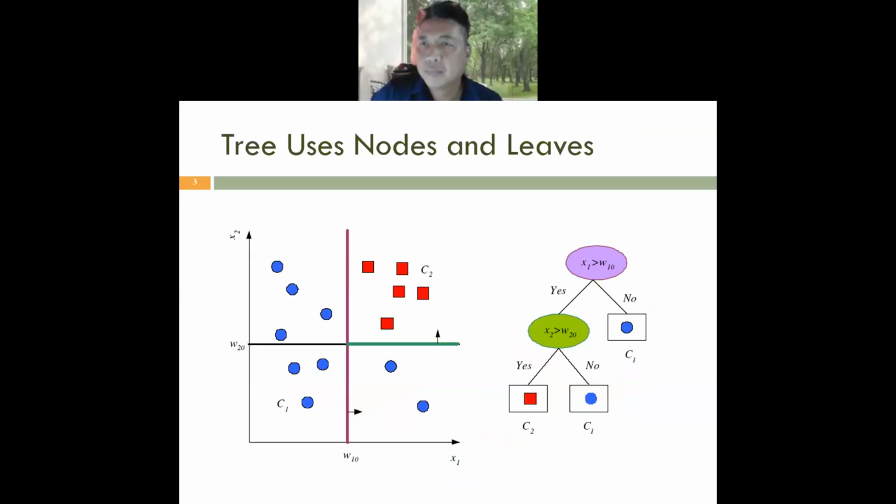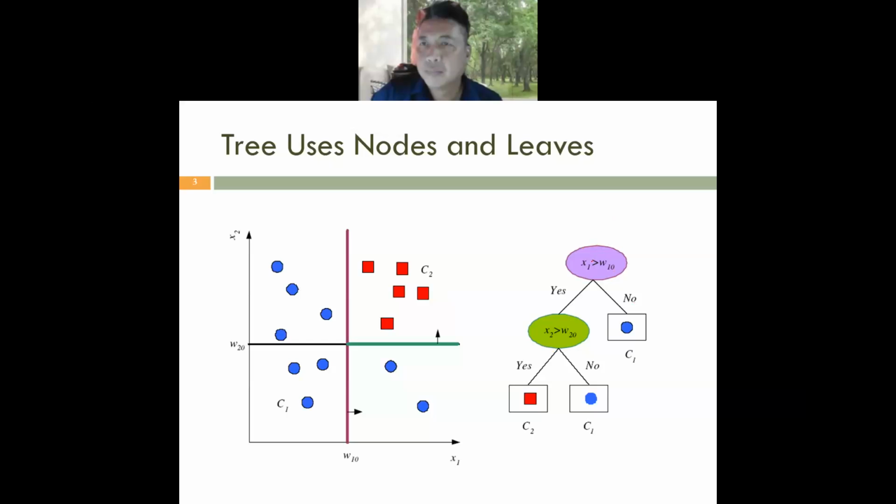So when we try to map this into our data, for example here we have the blue one as class 1, red as class 2. We can easily transform them into this decision tree.